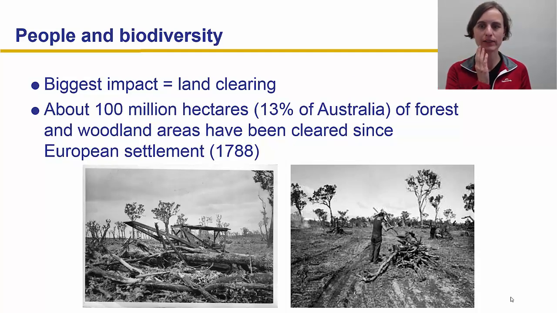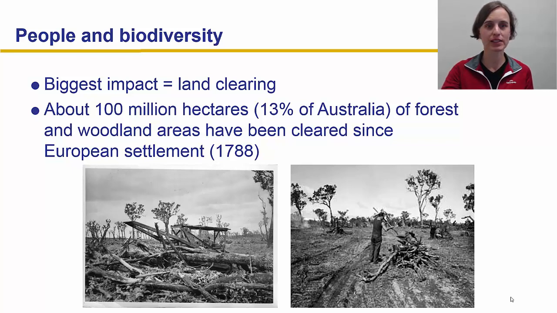So in Australia, agricultural land clearing has been the main cause of biodiversity loss. Since the Europeans came to Australia, about 100 million hectares of forest and woodland areas have been cleared, mostly for agricultural purposes. And with the loss in forest and woodland areas, we lose ecosystems, we lose species, we lose a lot of biodiversity.